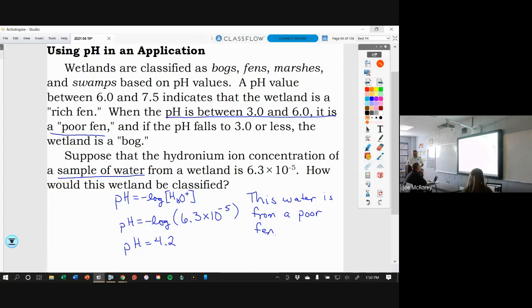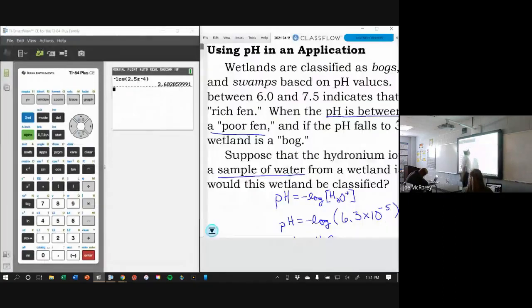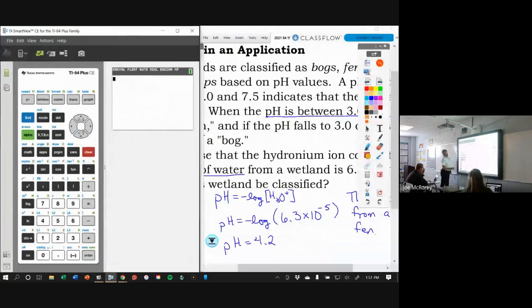I'm just lost. I don't know where the 4.2 came from. From typing 6.3 times 10 to the negative 5 in the calculator. Can someone show how to do the log thing with the e? Negative log of 6.3.